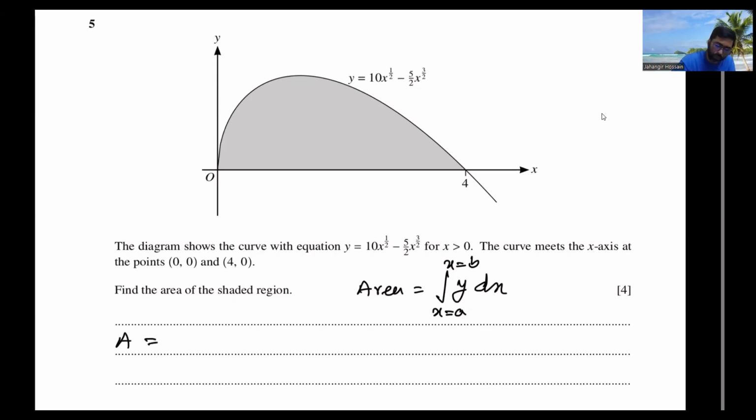Area will be equal to integral from lower limit 0 to upper limit 4, and the equation of the curve y in terms of x is 10 x to the power half minus 5 by 2 x to the power 3 by 2 dx.